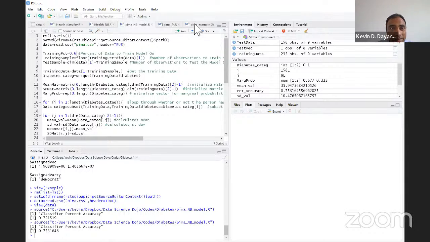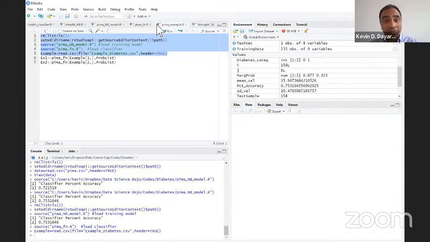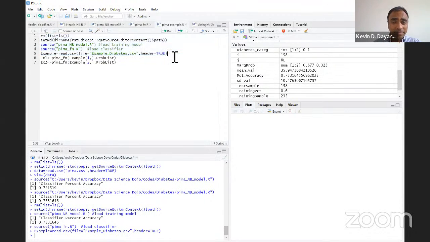So there's that. Now I have an example here with some hypothetical data. Let me load this, Control Enter. Pima underscore example is the code, which you should have. So here is the example data.